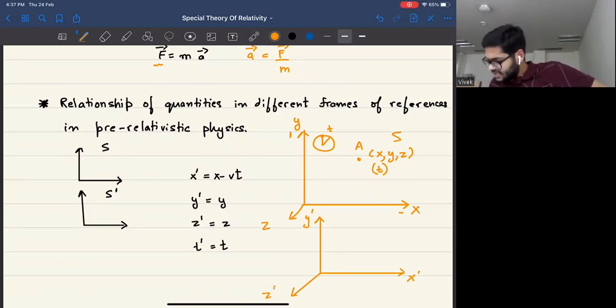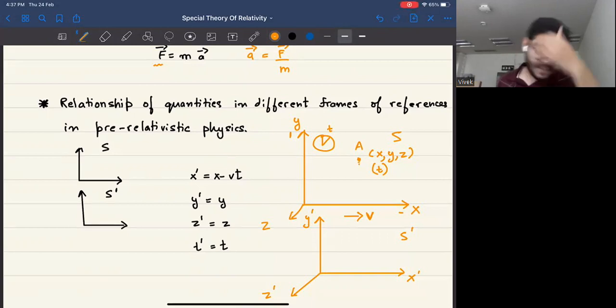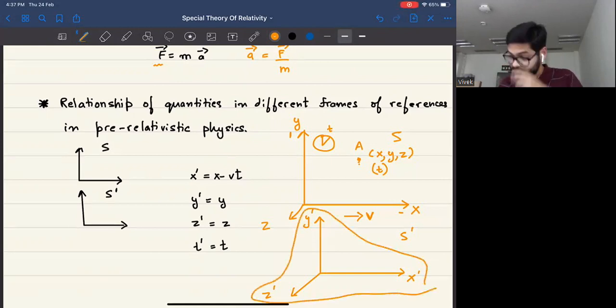This frame of reference, which is S prime, is moving with respect to the frame S in the positive x direction with a speed v. Another thing is that this frame of reference coincides with the frame of reference S at time t equals 0. Okay, so this is important.